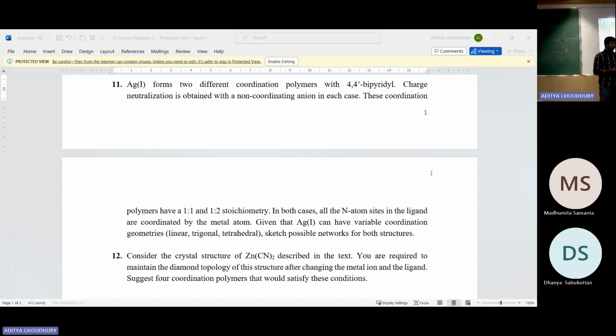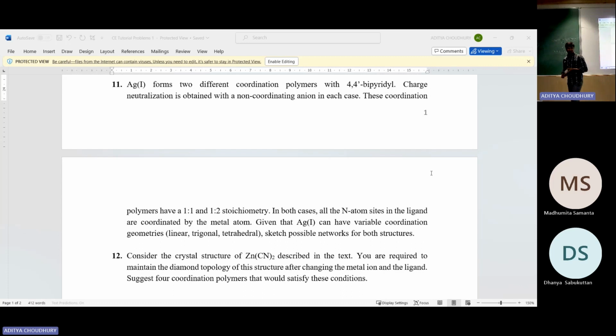What can form with silver? Tetrahedral silver as well as 1:1 BPY as a linear link. How about trigonal? We look into the trigonals, same like this benzene.